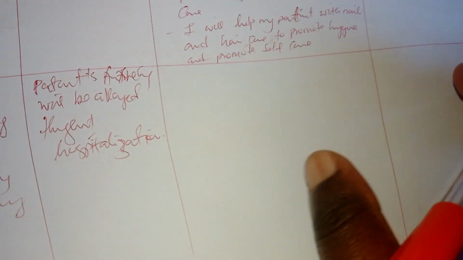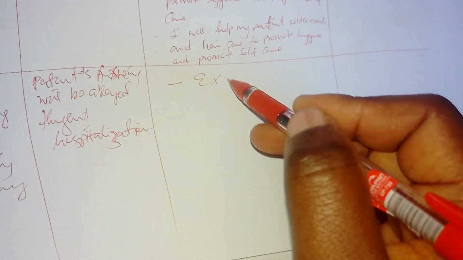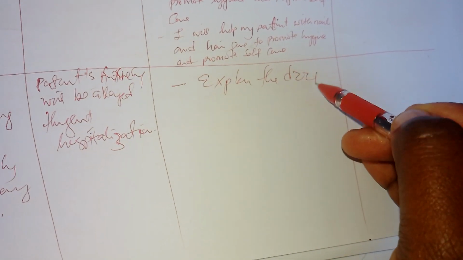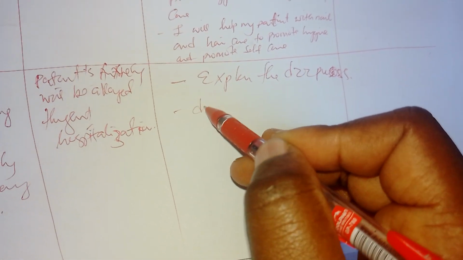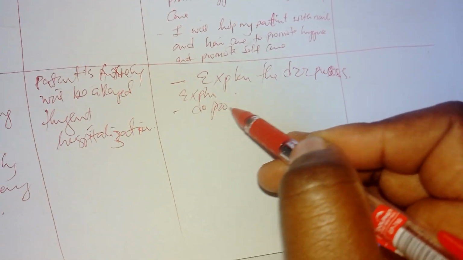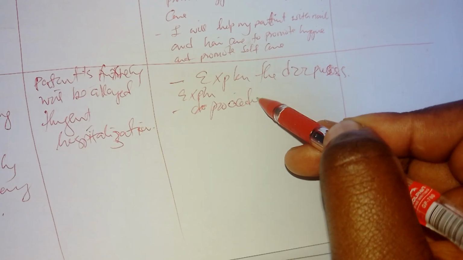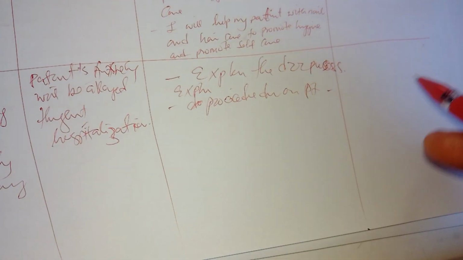Okay, then interventions that you're going to do, you explain. So I will explain the disease process, okay, to allay anxiety. Do make sure that you explain every procedure, okay, every procedure done on the patient to allay anxiety and gain cooperation.